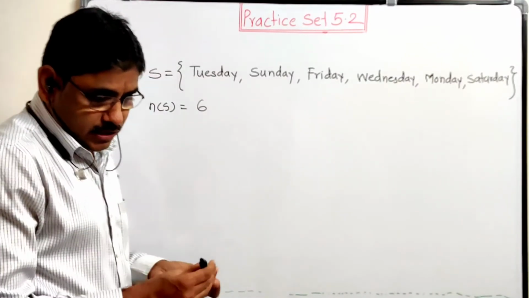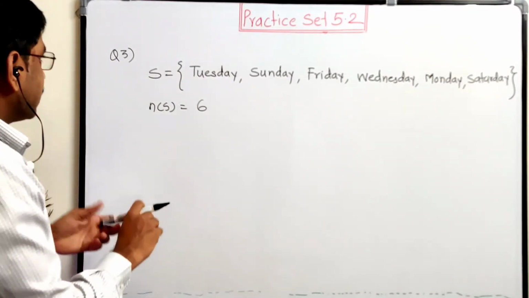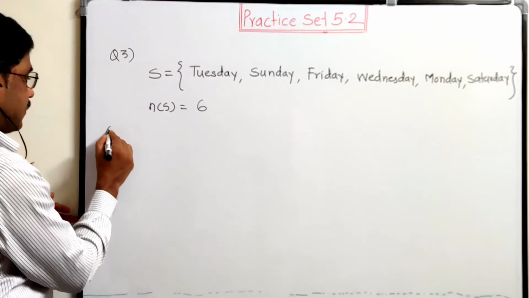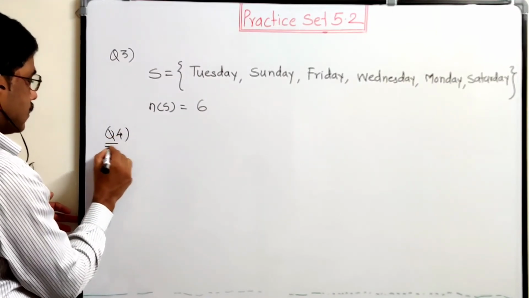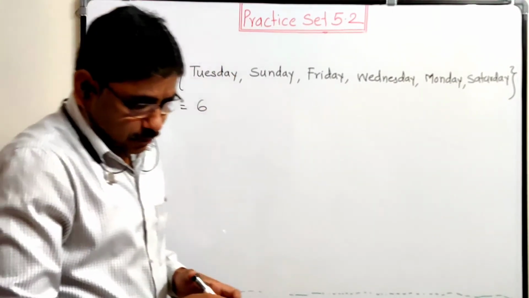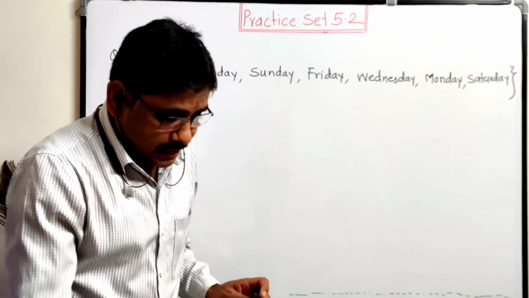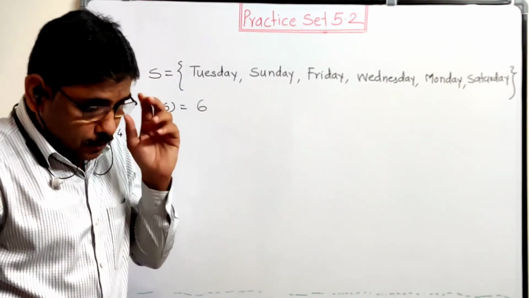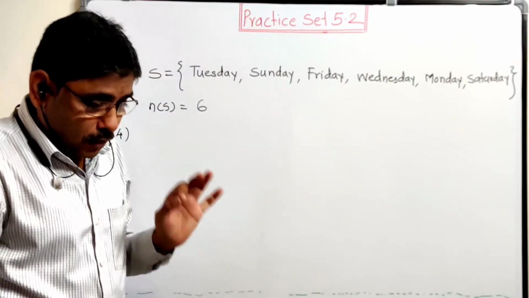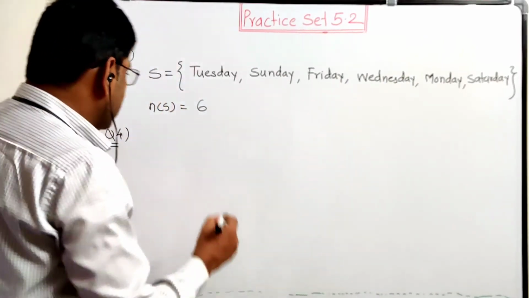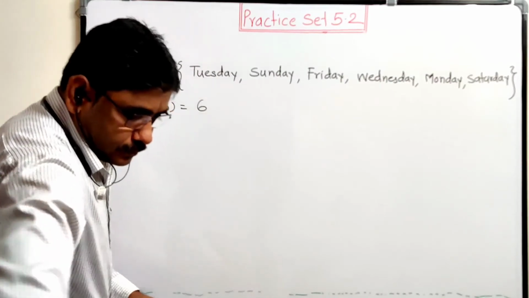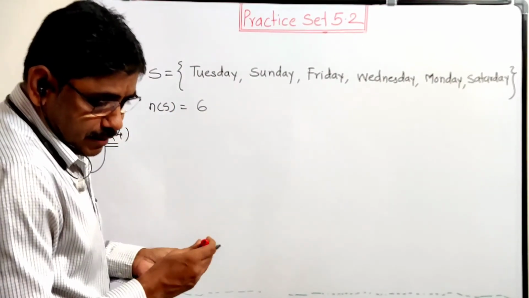Now the last question is question number 4 from this practice set 5.2. Only 4 questions are there. Form a road safety committee of 2 from 2 boys B1 B2. Boys क्या दिया है हम लोग को, B1 B2.